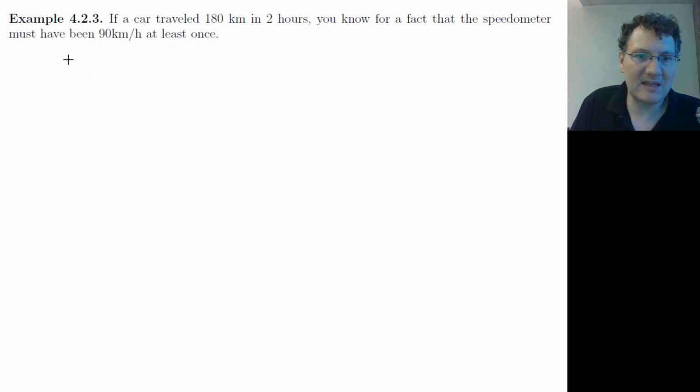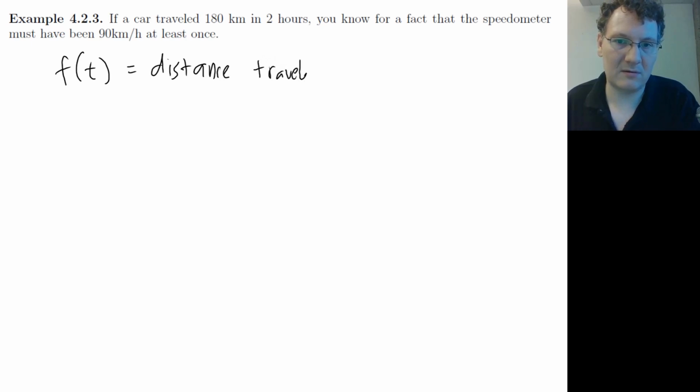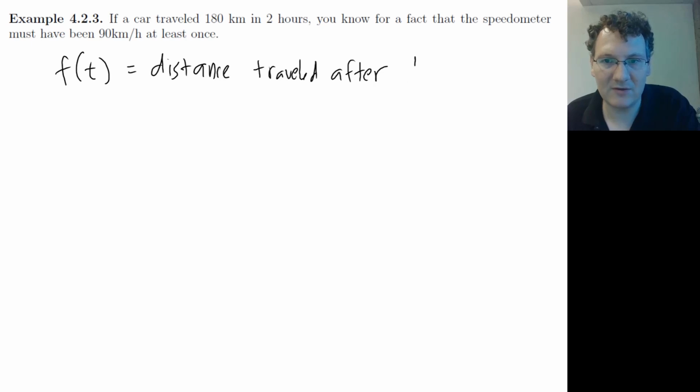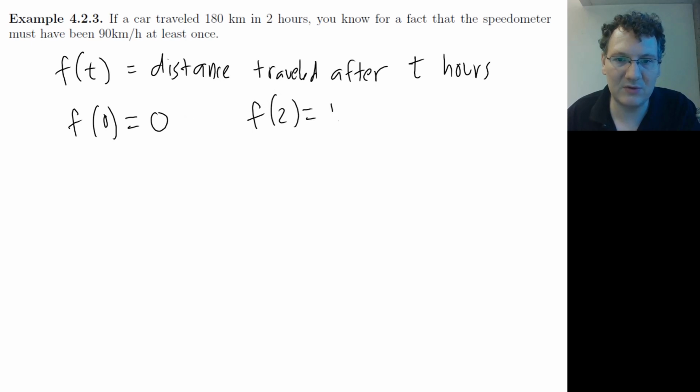Well, let f of t be the distance traveled after t, let's say t hours. So we know that f of 0 is equal to 0, f of 2 is equal to 180, right?